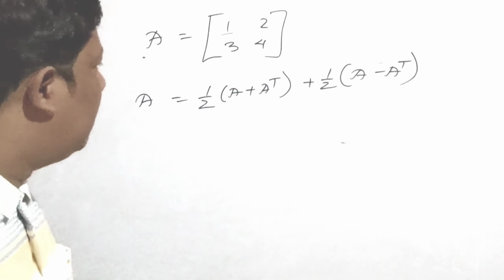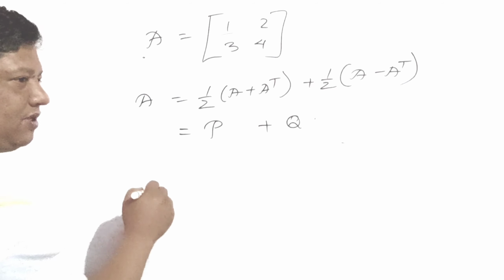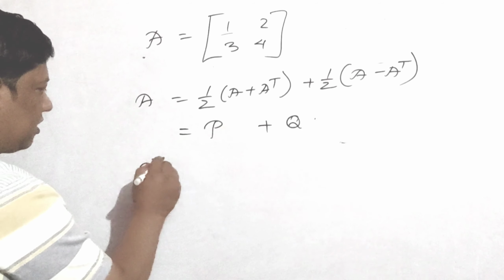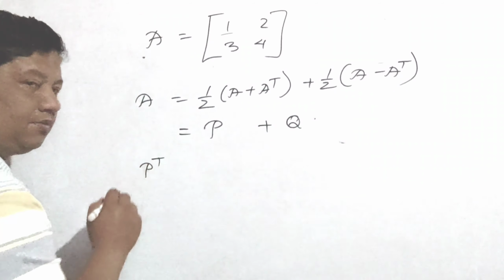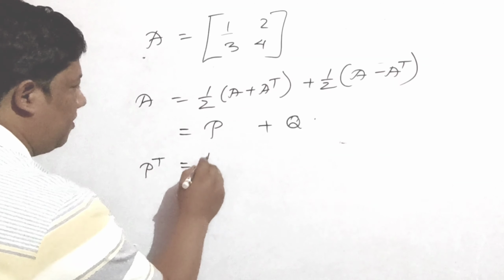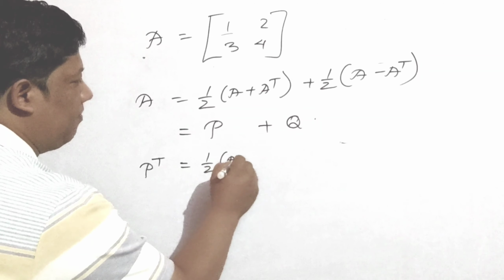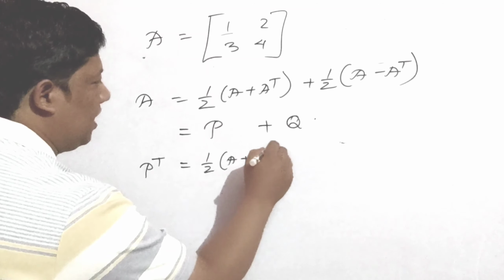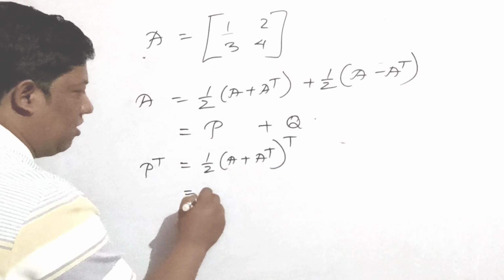Now I think it is the P and it is the Q. If I want to transpose this matrix P, P transpose, then I get how much? Half of (A plus A transpose), and it is the whole transpose. Then you get how much?